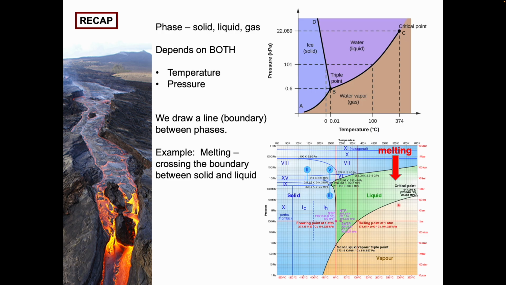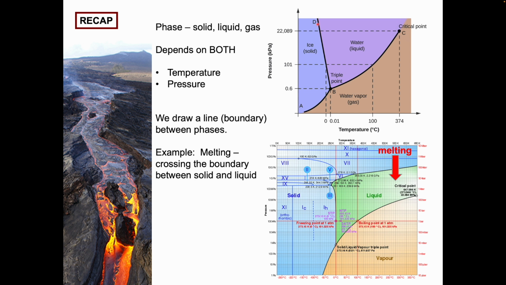Also remember that matter, which everything is made of, has different phases: solid, liquid, and gas. On Earth, generally our minerals are either solid or liquid. They're only liquid when they're molten in magma, and they're solid all the rest of the time.